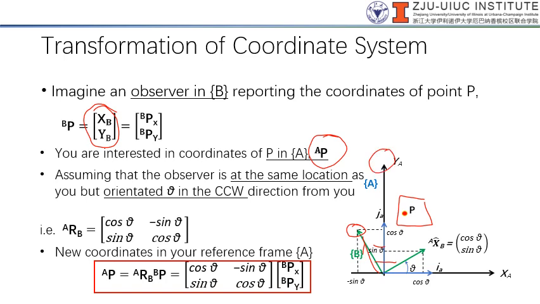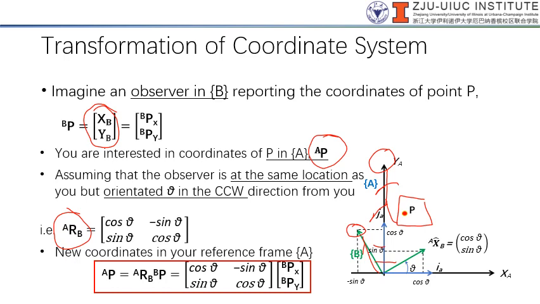Imagine we are someone attached to A. We need to know our relationship with B, and this is actually a difference in orientation, so it is represented by ARB, the expression that we have earlier on.